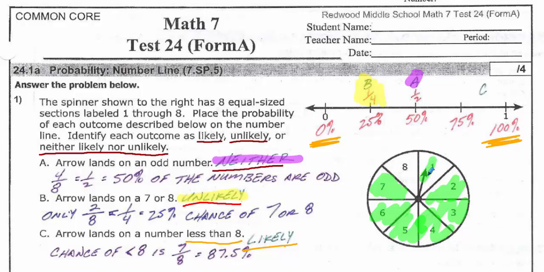In fact, we are shading everything except the 8. So that's likely to happen. And if it's likely to happen, we're going to stick it right there. It's actually 87.5%, falls between 3/4 and 1 whole. All right, so that's number 1.